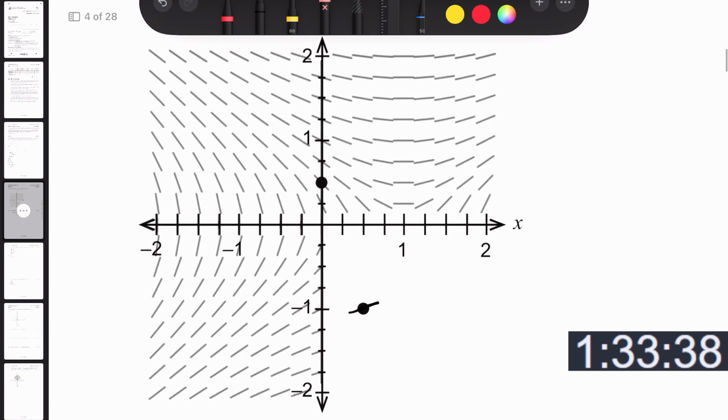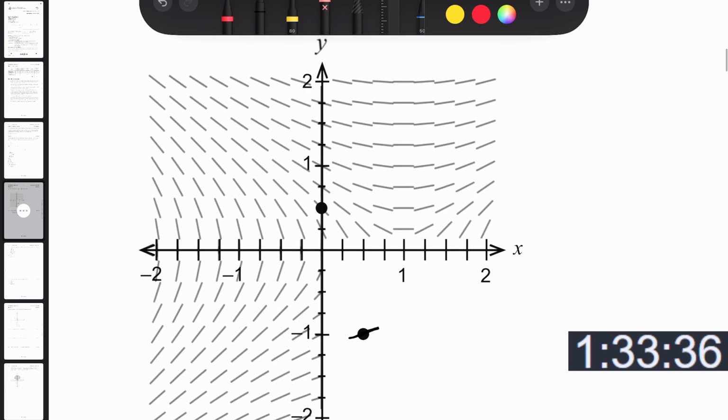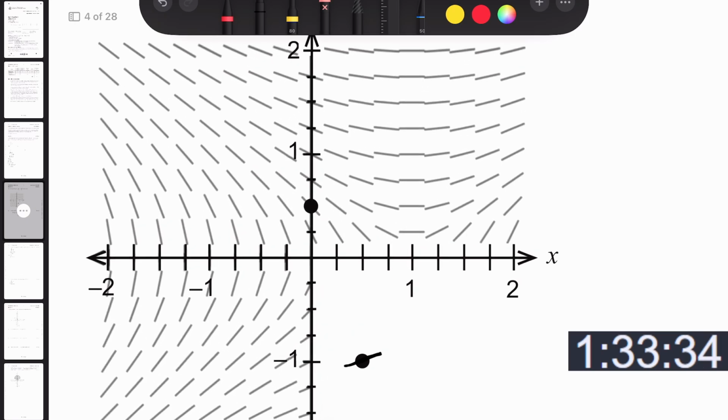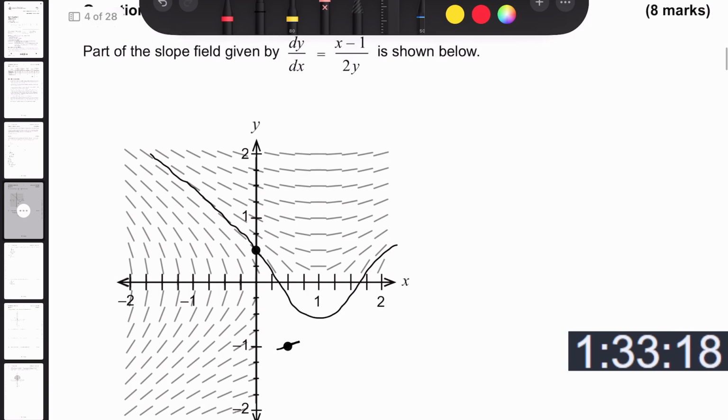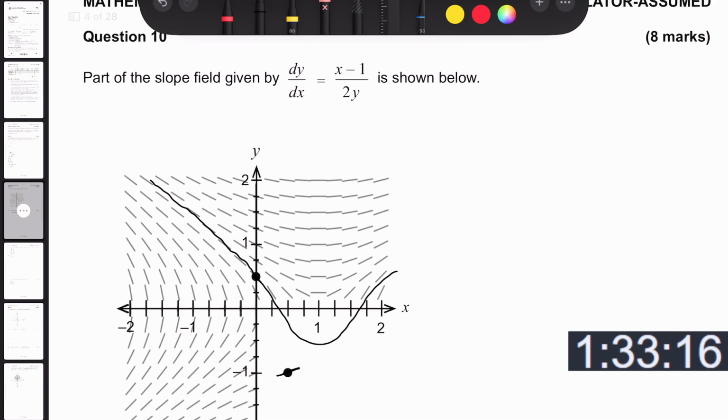What the heck? If I follow the slope field, it's going to go something like that. Wait, hold on. What if I just do this on my CAS? Differential equation graph? Okay, yes. So dy/dx is x minus 1 on 2y, and initial condition (0, 0.5), and then graph.